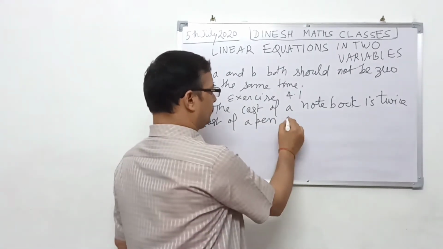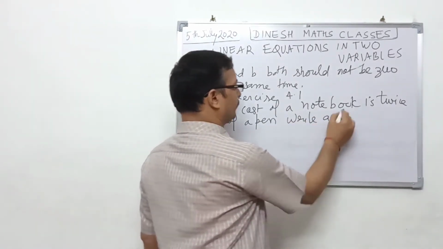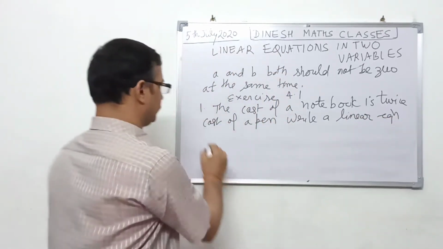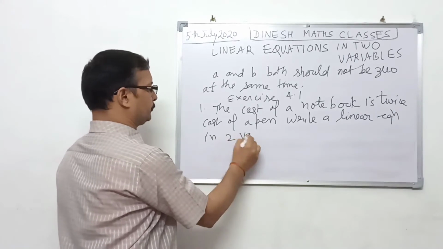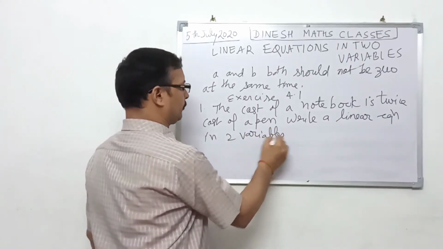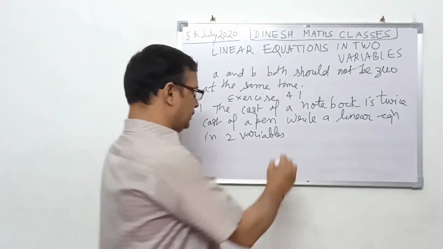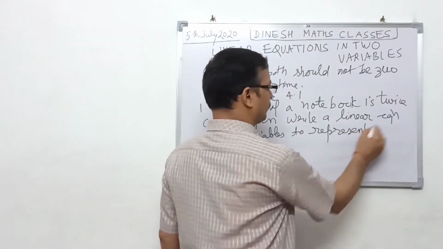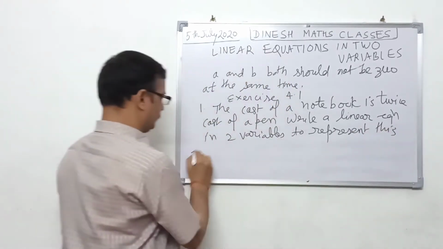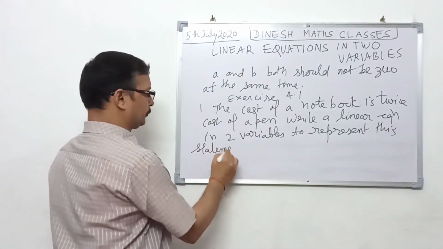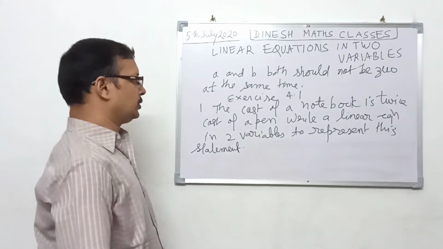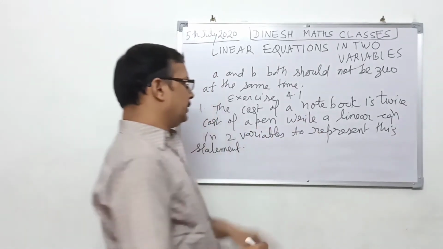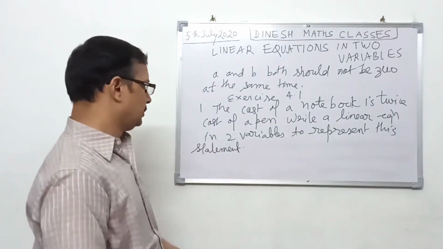Write a linear equation in two variables to represent this statement. Here the cost of a notebook is twice the cost of a pen, and we have to write a linear equation in two variables to represent this statement.